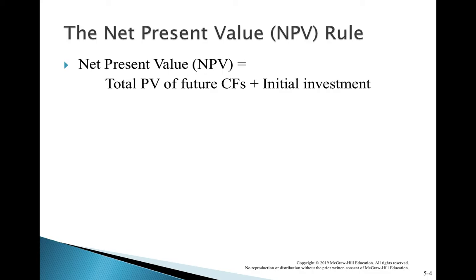Then to get the net present value, for the cash flow you are getting after 1 year, 2 years, 3 years, you calculate the present value. I explained how to calculate: 10,000 divided by 1.10 plus 15,000 divided by 1.10 to the power 2 plus 20,000 divided by 1.10 to the power 3. This will be the present value of future cash flows. Plus the initial investment you have to make, so minus 15,000. That will give you the net present value.